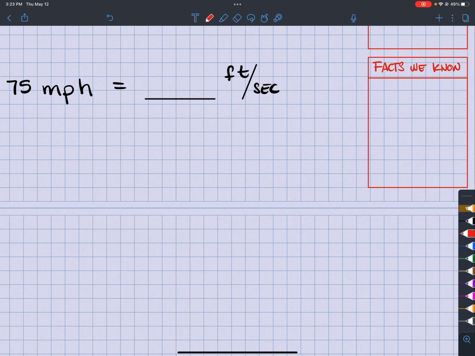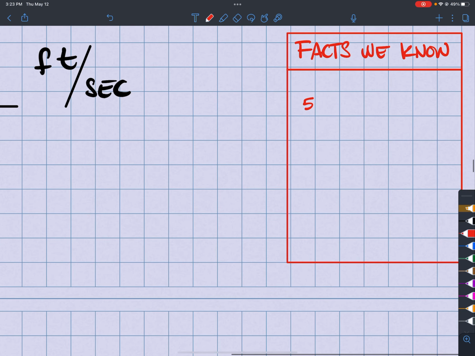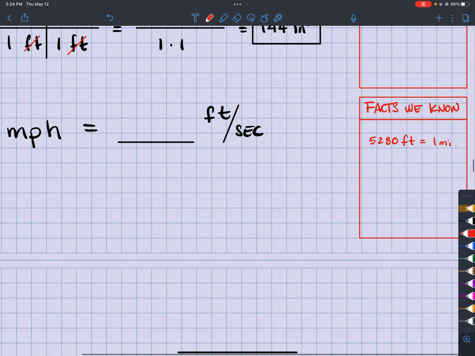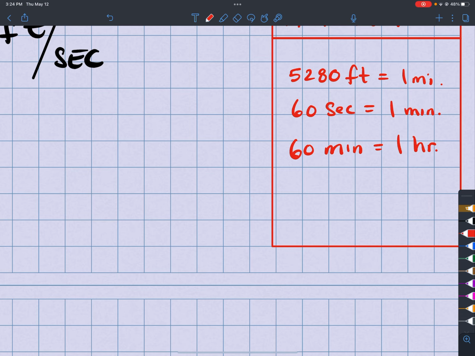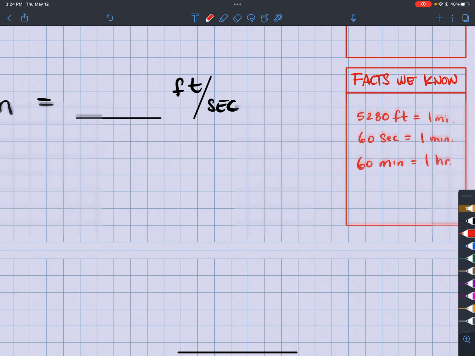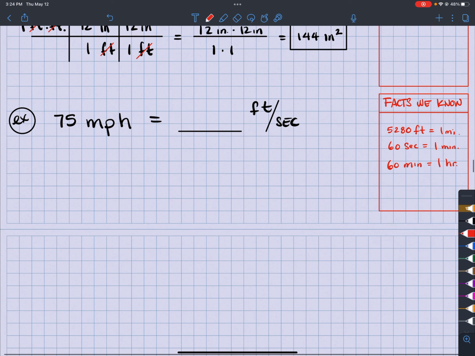Well, what we know is that 5,280 feet is equal to 1 mile. And then seconds and hours. I know that 60 seconds is equal to 1 minute, and I know that 60 minutes is equal to 1 hour. So those are the facts that I know, and that's what I'm going to use.